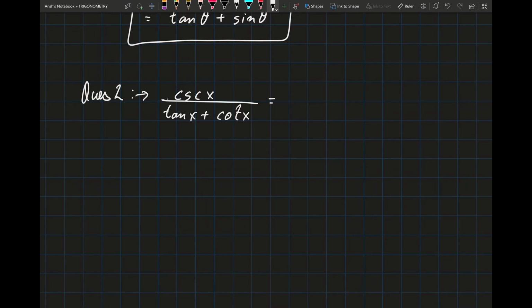So it would be just easier for us to convert everything into the form of sine and cos. Sine and cos are basic functions. Why I call them basic functions is because all other functions can be written in form of sine and cos.